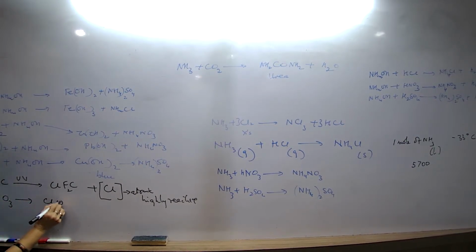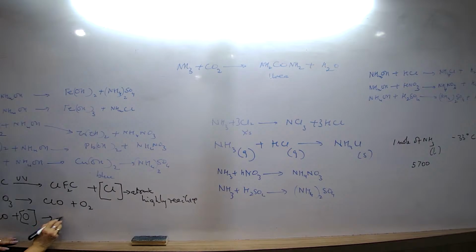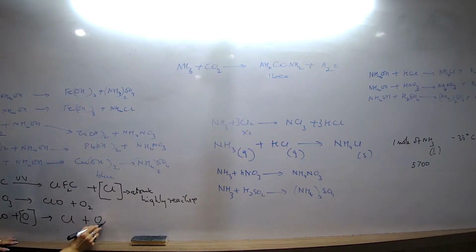You're getting ClO plus O2. Correct? Now this ClO attacks atomic oxygen and you're getting Cl plus oxygen.